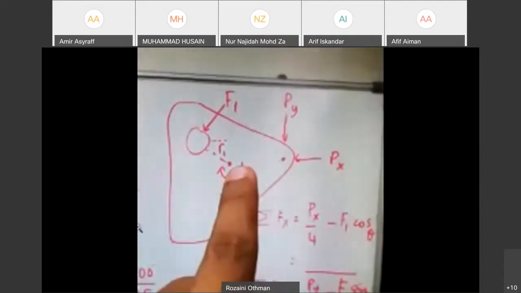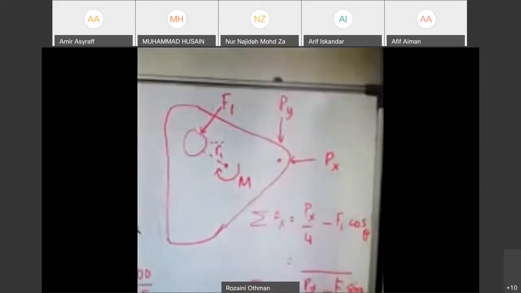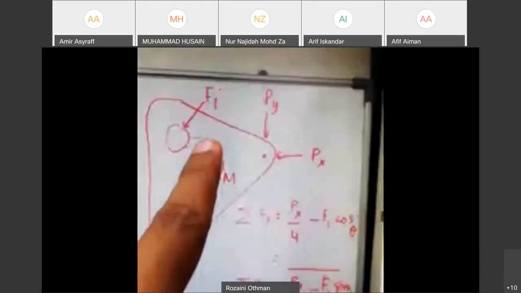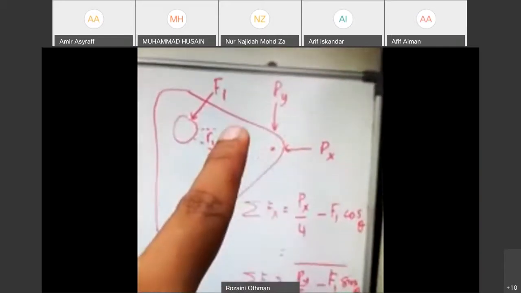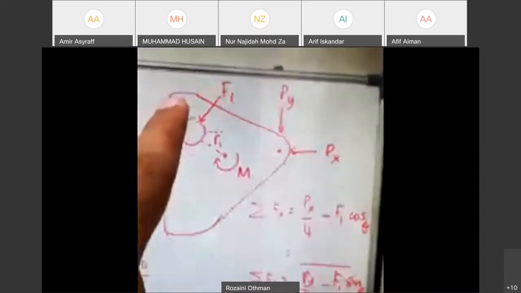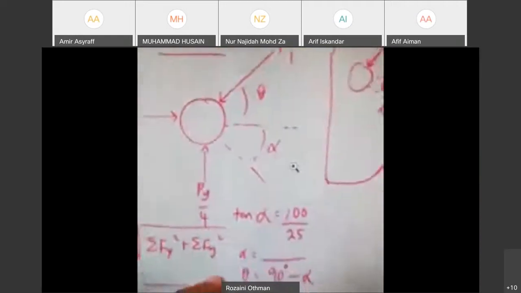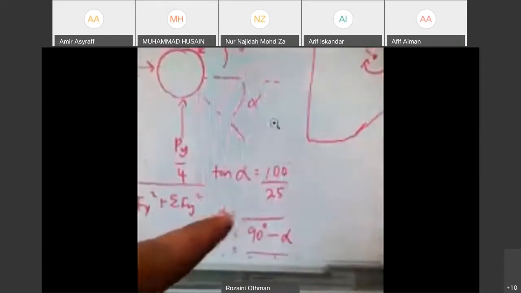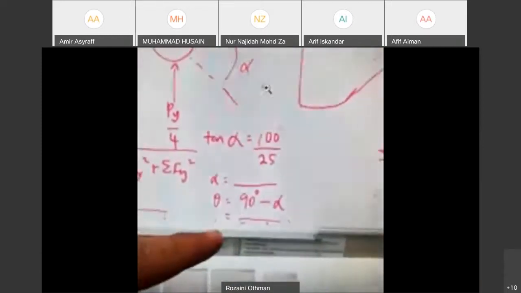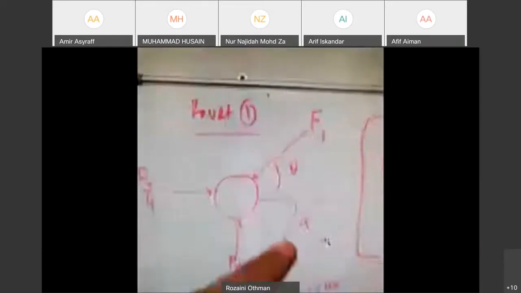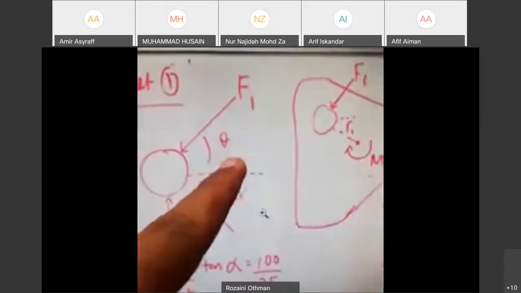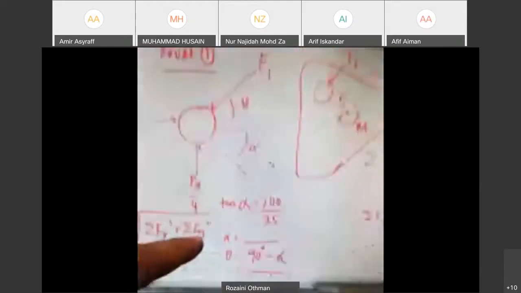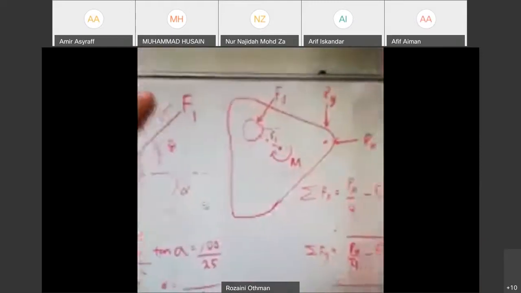So the angle here is tan alpha equals 100 over 25, and then you will get alpha. We do not want alpha, we want theta, so we get theta as 90 minus alpha. All right, so theta here.